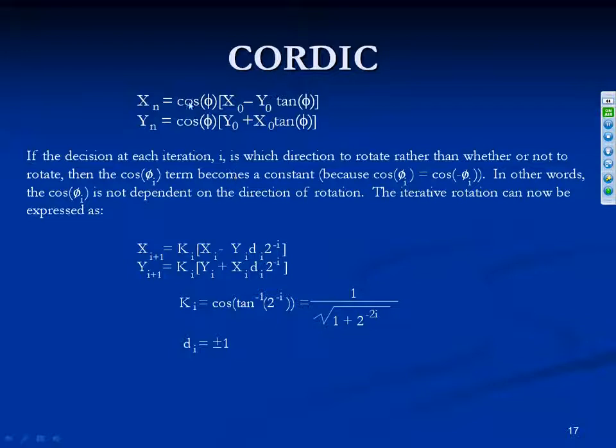So now let's look at our equations again. Here we have x sub n, it's equal to cosine of phi times x sub 0 minus y of 0 tangent of phi.